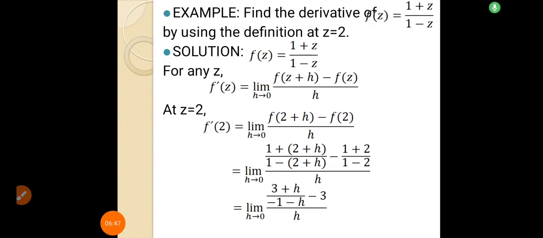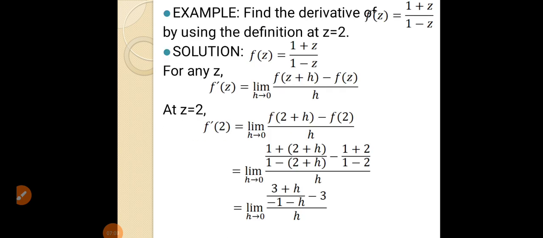Here we have one example. Find the derivative of f(z) = (1 + z) / (1 - z) using the definition at z = 2. Using the definition, f'(z) = limit as h tends to 0 of (f(z + h) - f(z)) / h.